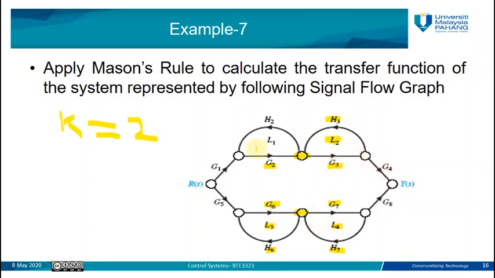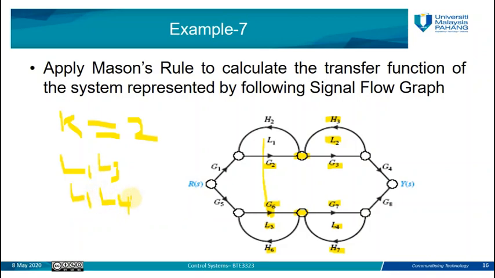But L1 is non-touching with L3 because L1 only uses these 2 nodes, and L3 uses 2 different nodes. So there is a non-touching loop. L1 is non-touching with L3, and also L1 is non-touching with L4.